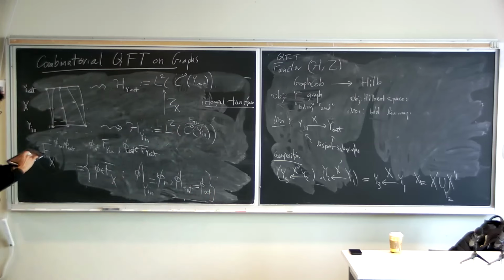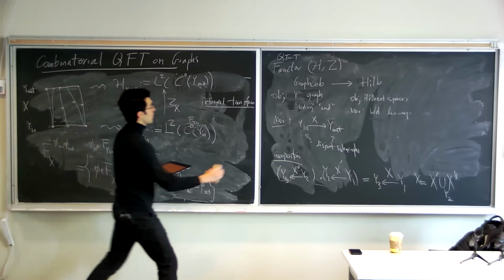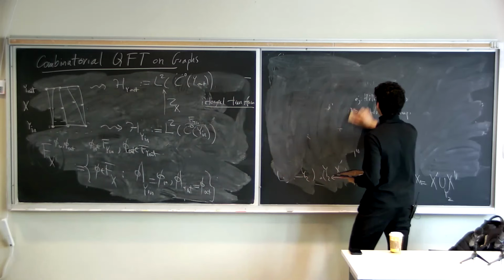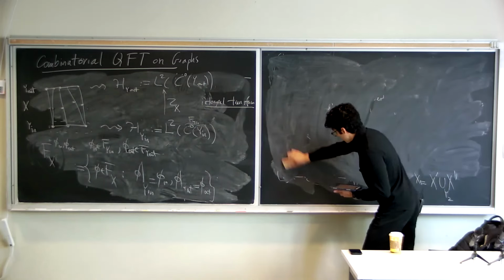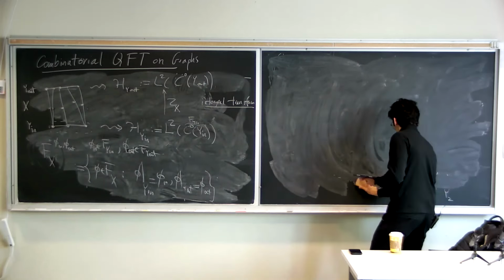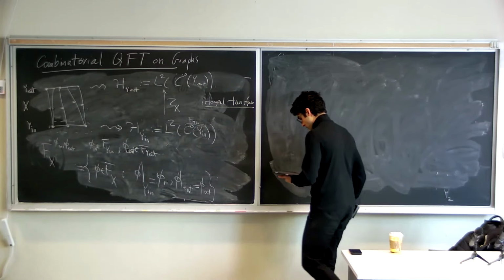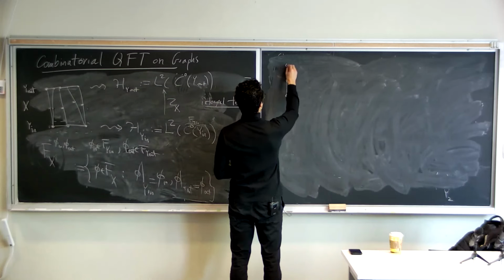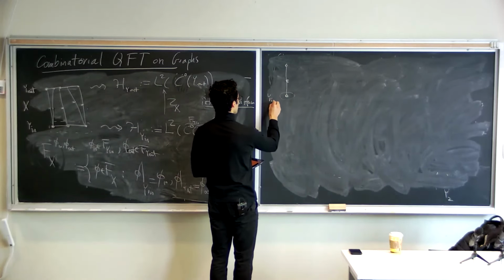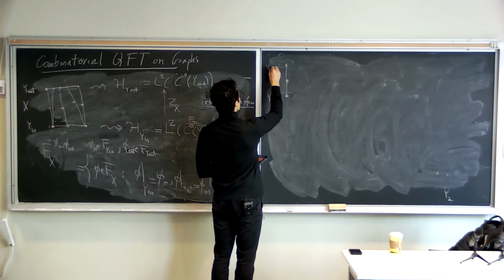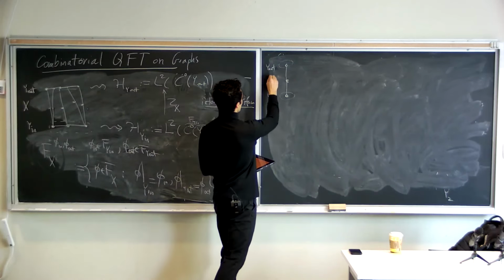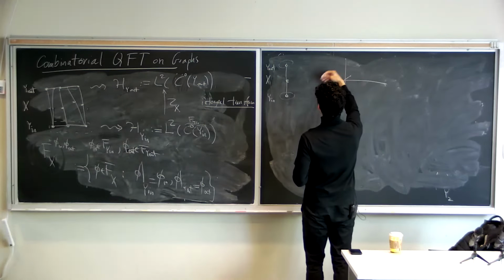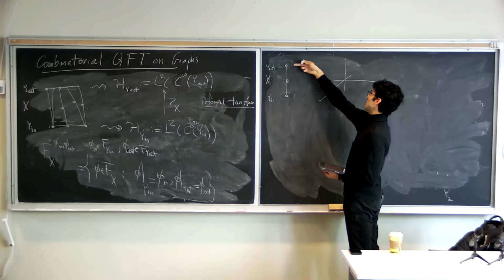Okay, so let me show you an example of how this affine subspace looks. Let X be this very simple thing. This is my Y_in, this is my Y_out, and this whole thing is X. F_X is going to be three-dimensional, one dimension for each vertex.